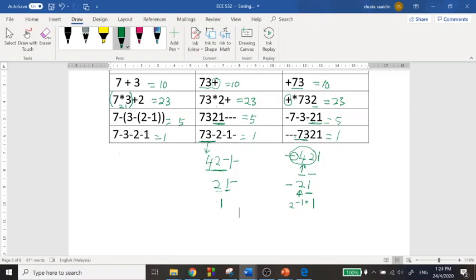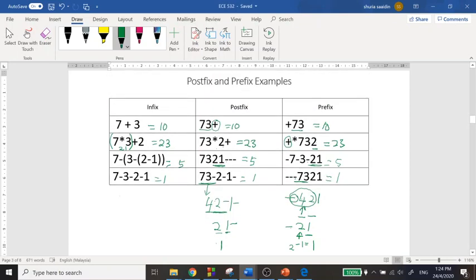So as you can see, all these examples can be evaluated differently, but we get the same result, because what we do is we calculate the postfix and prefix expression.